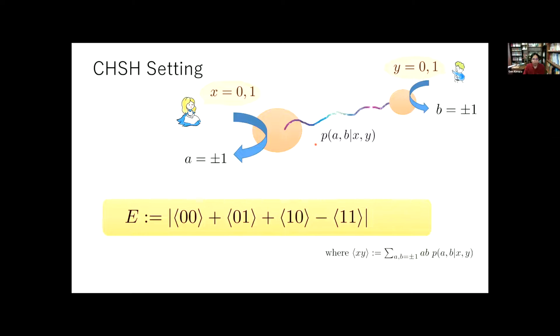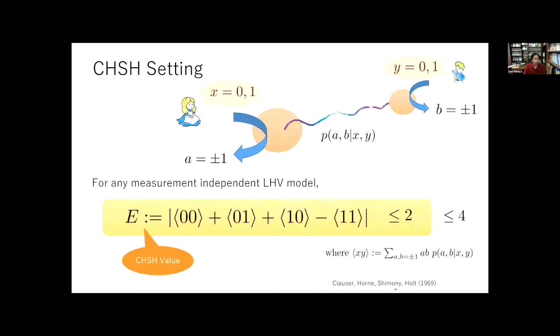And in this case, the interesting statistic is the so-called CHSH value, where this bracket denotes the average product of each measurement outcomes given the measurement context. And trivially, it is upper bounded by 4, but in 1969, Clauser, Horne, Shimony, Holt, following Bell's argument, showed that for any measurement-independent local hidden variable models, it is upper bounded by 2, which is the famous Bell-CHSH inequality.